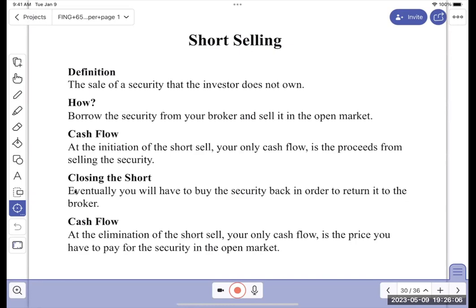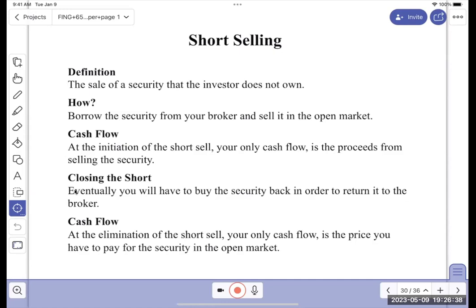So short selling by definition is the sale of a security that the investor does not own. If you can make an arrangement with a broker, investors can borrow a security, and then turn around and sell it in the market for its market value, then use the proceeds for whatever they want to use it for.